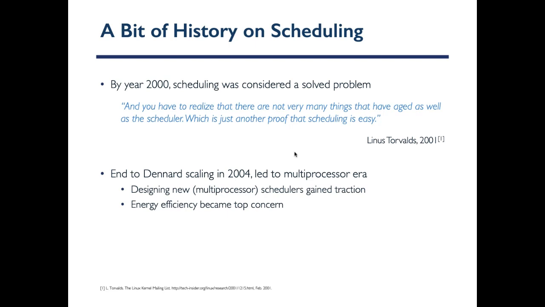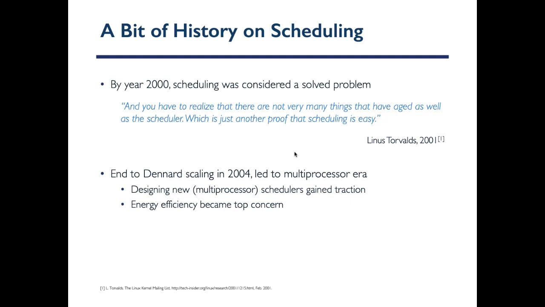Now, here comes 2004, where Dennard scaling fails or ends, and we start getting into a new era of multiprocessors. And that basically renewed interest in scheduling, because before that, most of the schedulers and most of the scheduling policies were directed and focused on uniprocessors, which is actually the focus of this lecture.